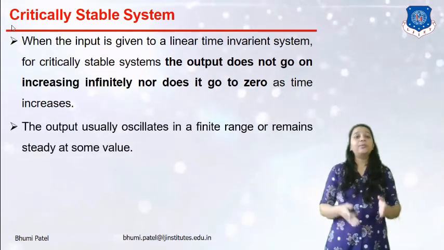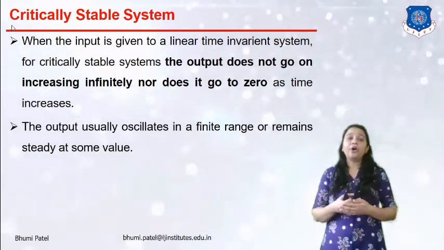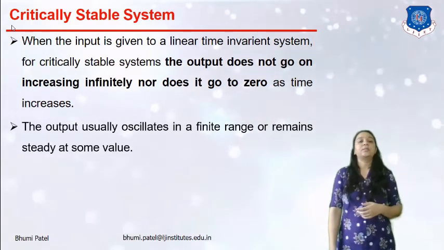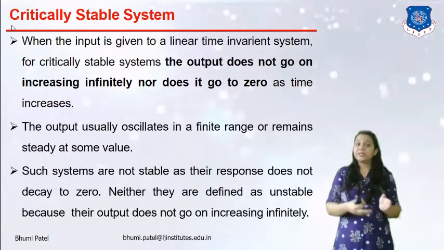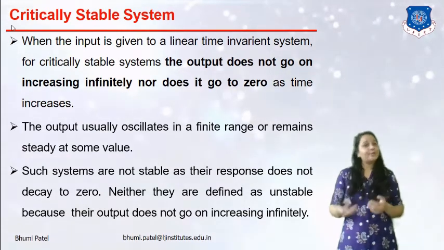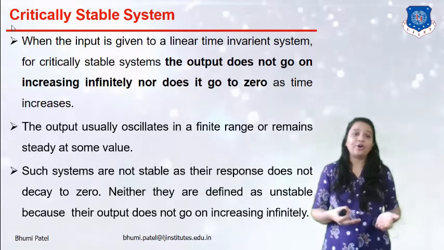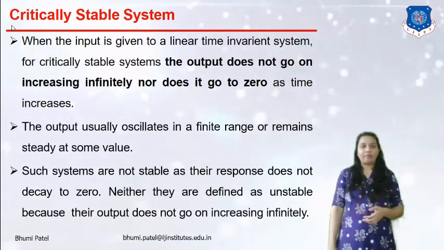The output usually oscillates in a finite range or remains steady at some value. This type of system response is known as the critically stable system. Such systems are not stable as their response does not decay to zero, nor are they unstable because their output does not increase to infinity.